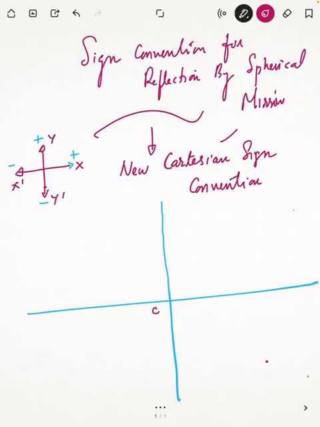I am taking a concave mirror here for my reference, and this is the polished side, and you can see that the pole of the mirror is at the origin. So this is your x, this is your y, this is x dash and y dash axis.